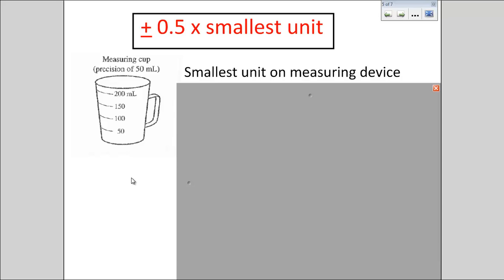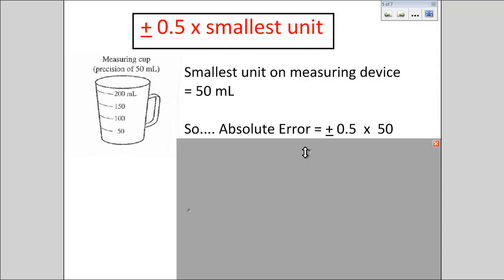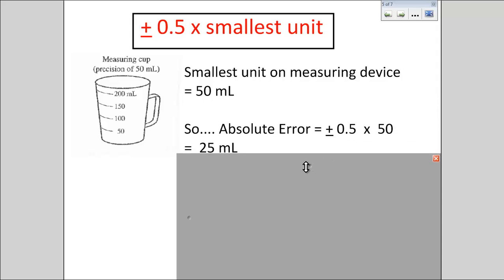Okay, the last example. So we've got a measuring cup. You can see the markings on the side there are every 50 mils. So the smallest unit that we have is 50 mils. To get our absolute error, plus or minus half of 50, which works out to be 25 mils. Okay, so that's how we get our absolute error.